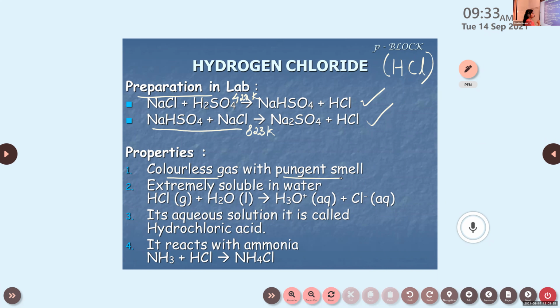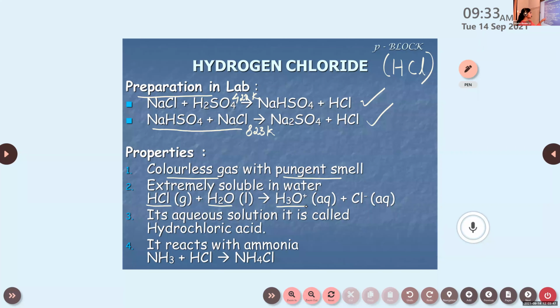The second property: it is extremely soluble in water. Here you can see the reaction, HCl plus H2O. Hydrogen chloride will react with water to form H3O plus. We know that all acids donate H plus ions, right?